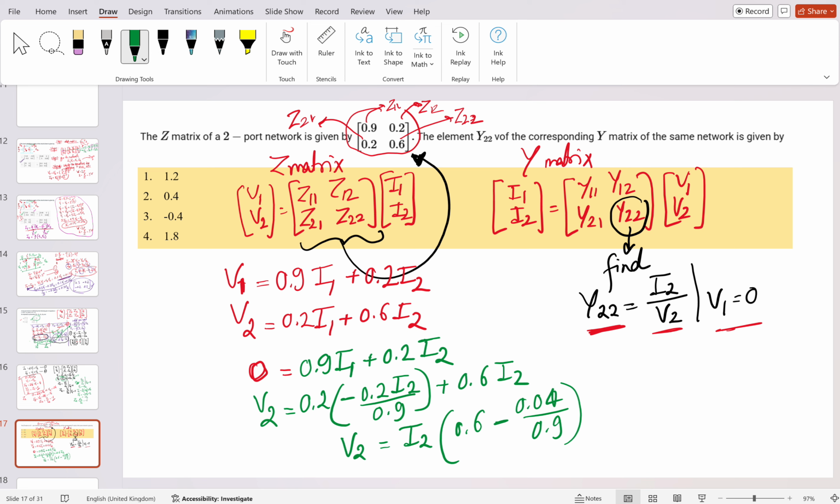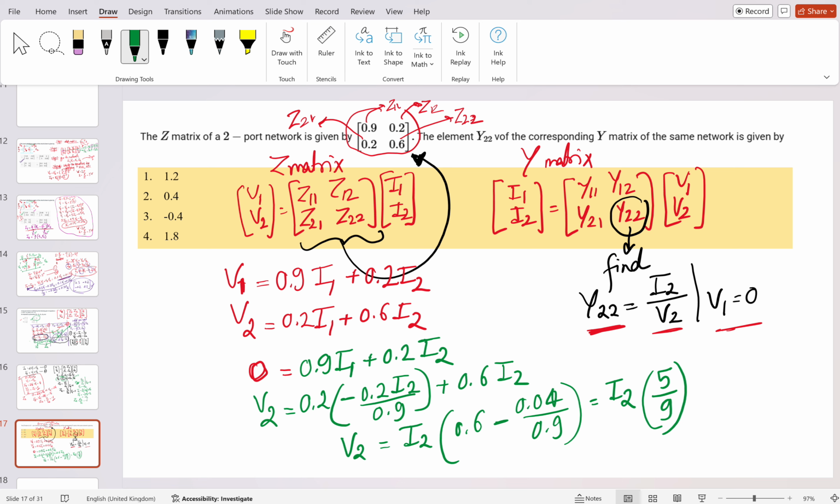V2 is equal to I2 times (0.6 minus 0.2 multiplied by 0.2, that is 0.04, divided by 0.9). So 0.6 minus that answer is coming 5 by 9. So what I am getting is V2 equal to I2 times 5 by 9.